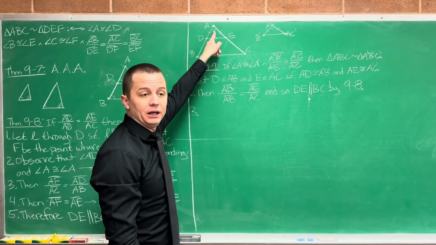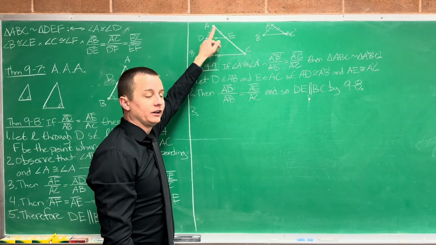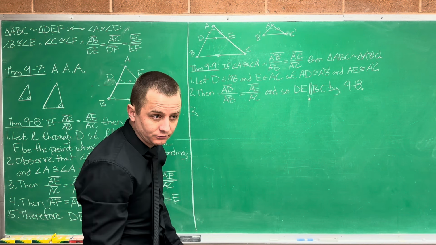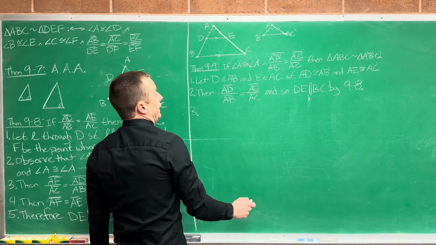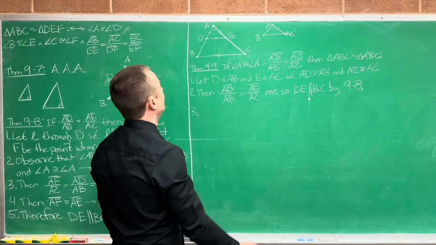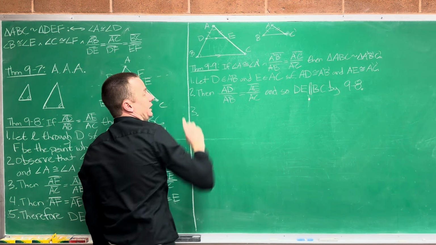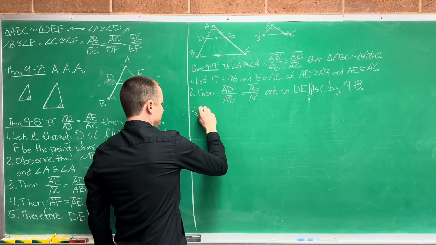I already have the top angle for both of them. Notice that angle A is the top of both the small and the big triangle. So I just need one more angle. So what angle should I use? Angle ADE is congruent to angle B. How do I know? Corresponding angles.